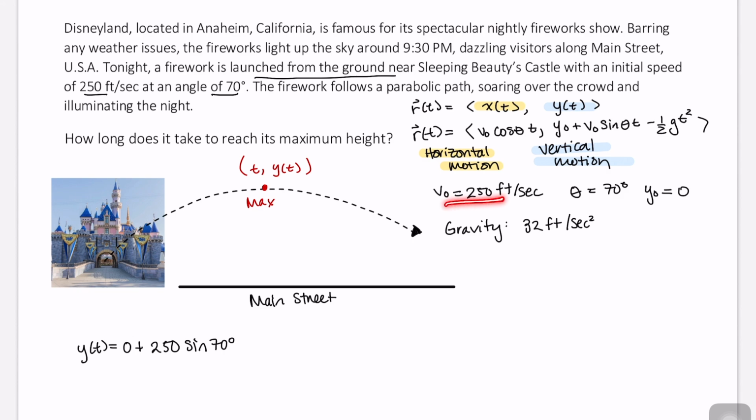And again, I'm just taking the information we teased out of the question, minus 1/2 times 32 t squared. So this is y of t is equal to negative 16t squared. Oh, I'm missing something right here. I forgot my t. Let me quickly remedy this. There we are. So negative 16t squared plus 250 sine 70 degrees times t.